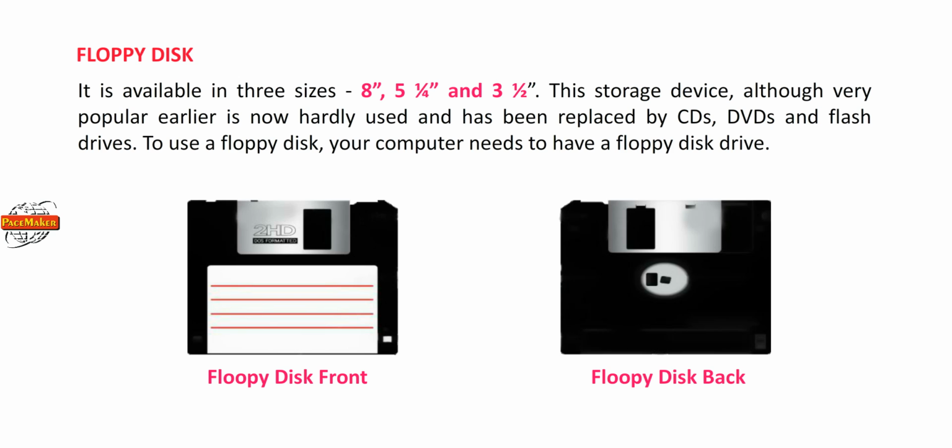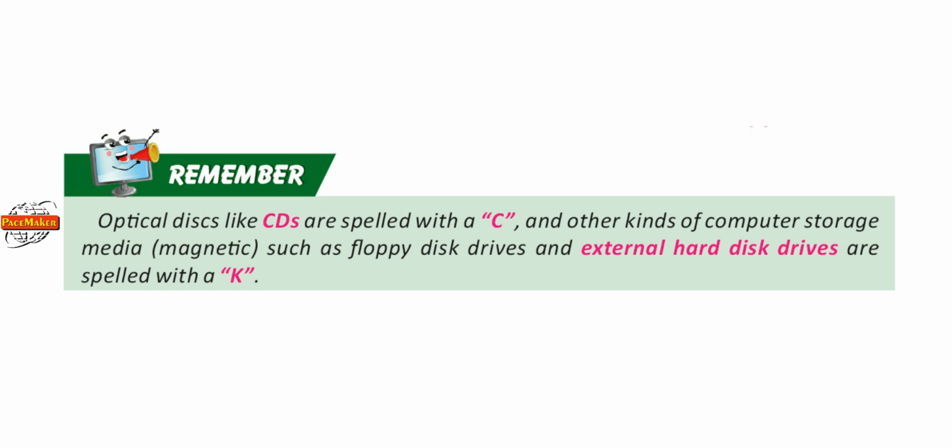To use a floppy disk, your computer needs to have a floppy disk drive. Remember, optical disks like CDs are spelled with a C, and other kinds of computer storage media, magnetic, such as floppy disk drives and external hard disk drives, are spelled with a K.